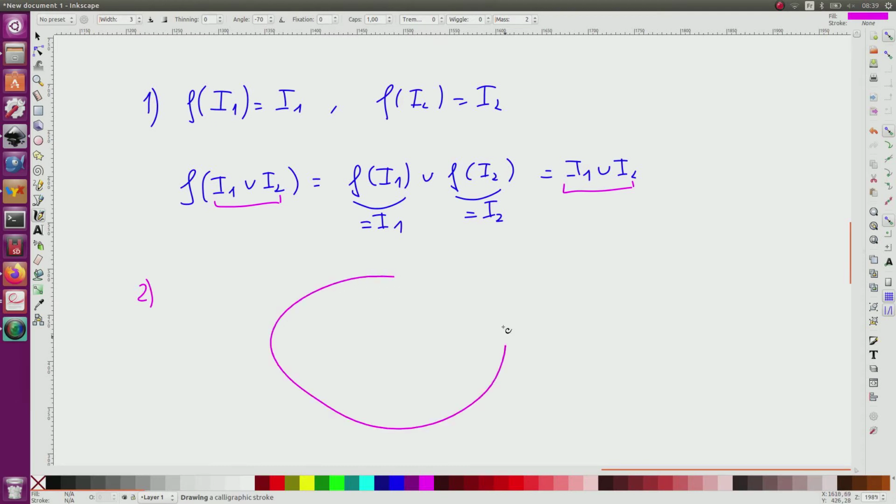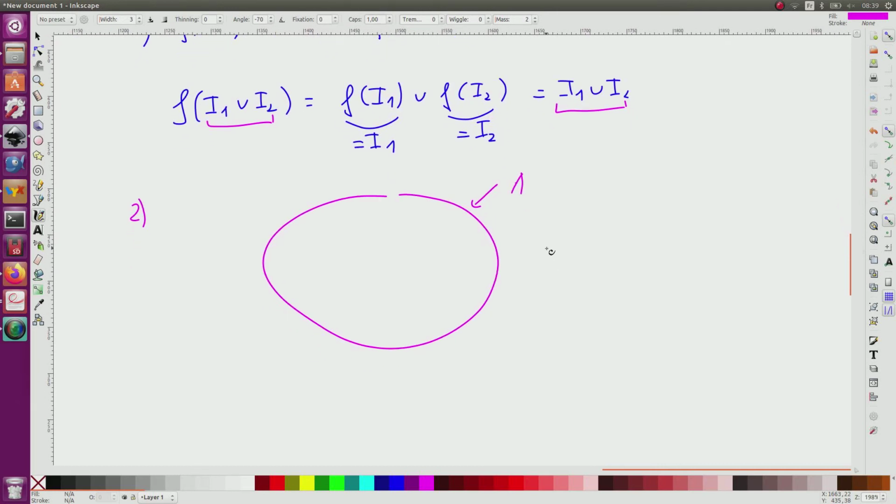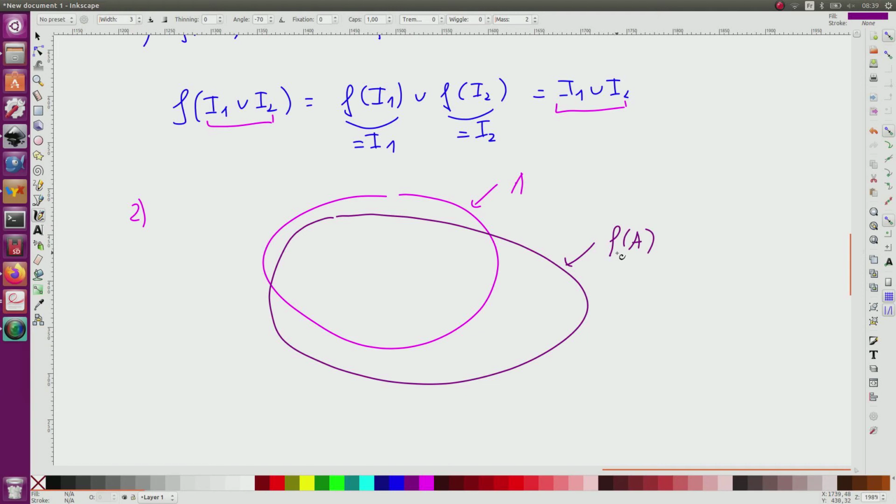I have a set like this, which is A. The image of A may be something which is not A. For instance, it may be like this. It is f of A. In this case, A is not invariant. But maybe here I have some sets, such as this one, such that the image by f corresponds to itself. I may have also another set, like this one, such that the image by f is also itself.